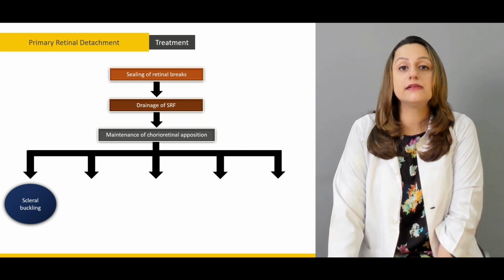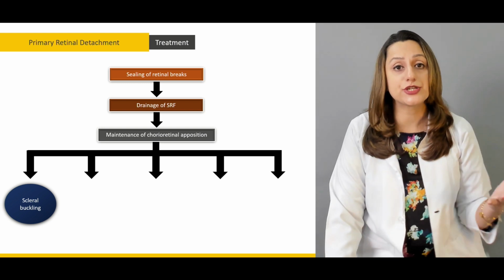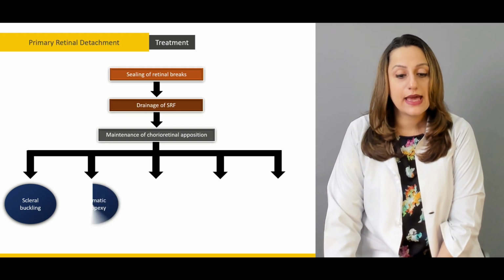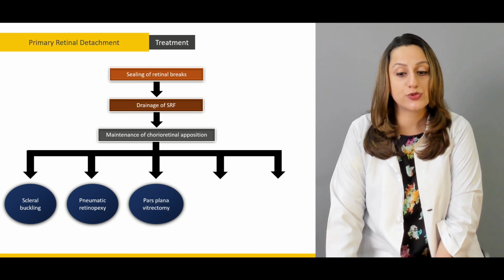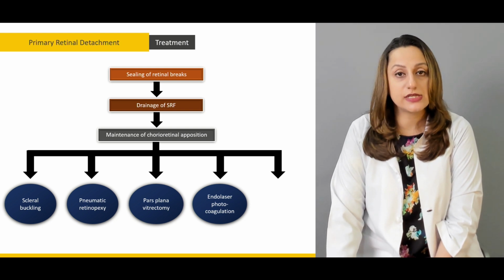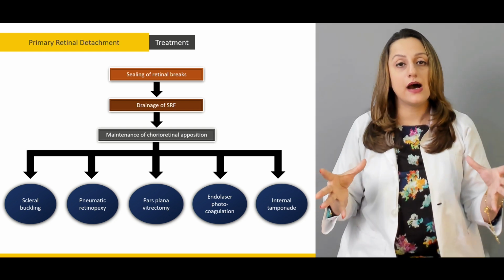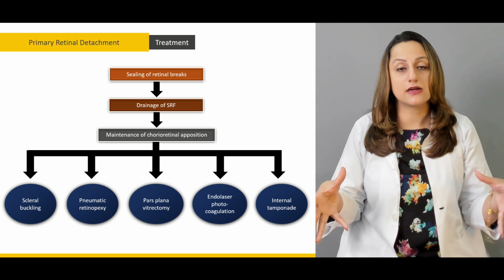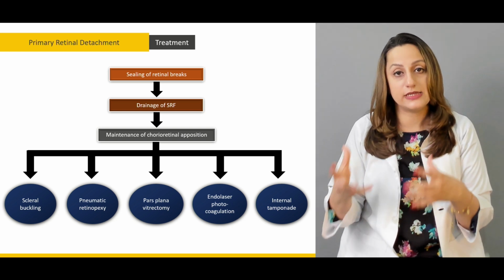One of them is scleral buckling, which is an external pressure on the sclera given for these patients. And then we have pneumatic retinopexy, pars plana vitrectomies, and endolaser photocoagulation. And finally, we have the internal and the external tamponades. Sometimes these methods are not used separately, and sometimes coupling is done for these patients.